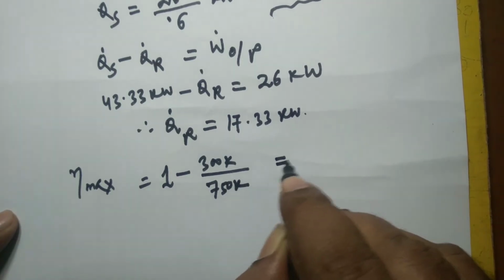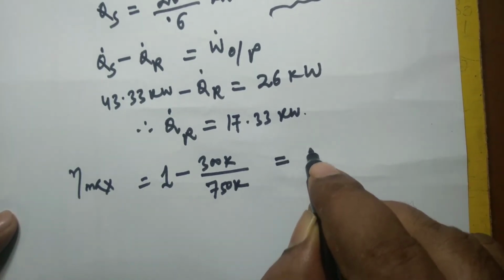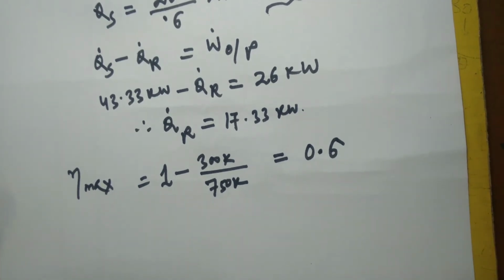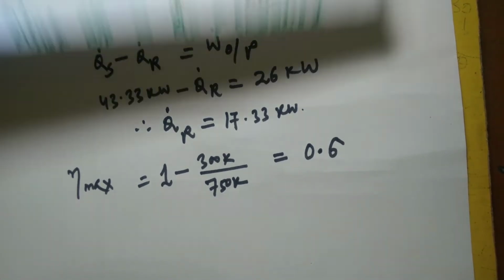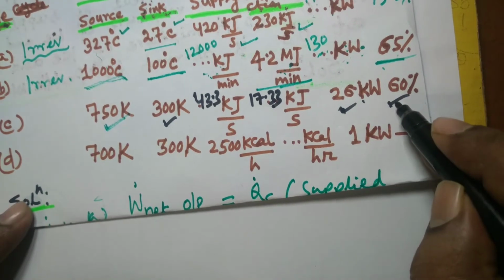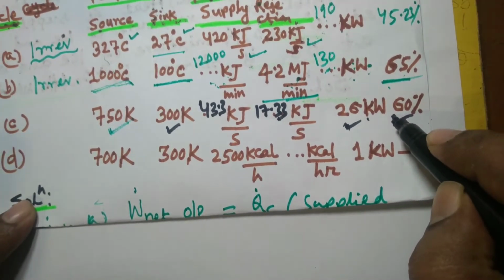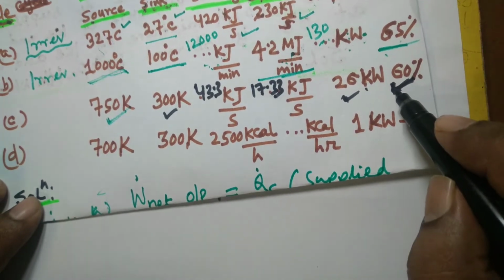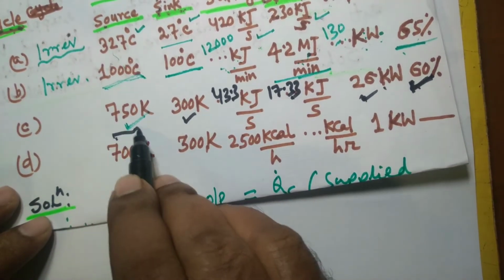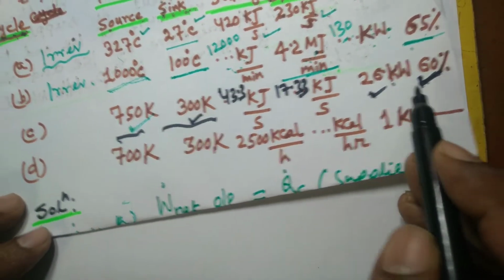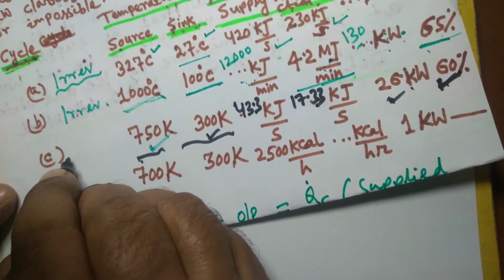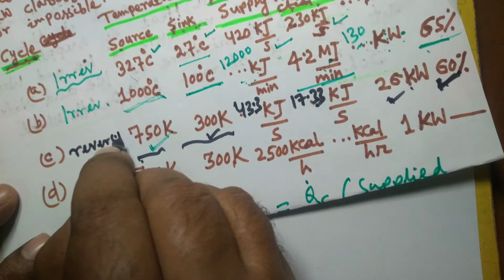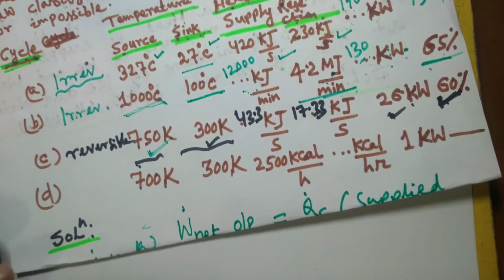This is equal to 0.6, 60%. And the efficiency of this given heat engine is given to be 60%, which is the same as the maximum possible efficiency between these two temperature levels. That means this engine is a reversible heat engine.